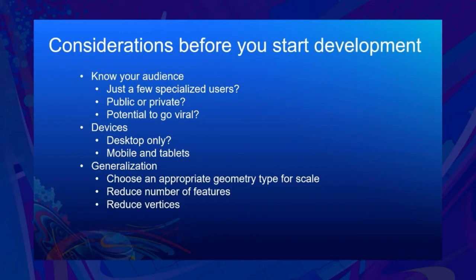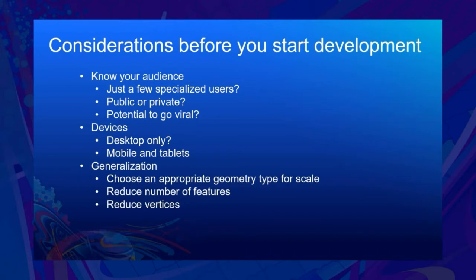So are you targeting just a few specialized users? Are you building an app for the public? Does the app have the potential to go viral, or the map? The devices question is very important today. Most of the general public is going to view the map on their phone or on a tablet.